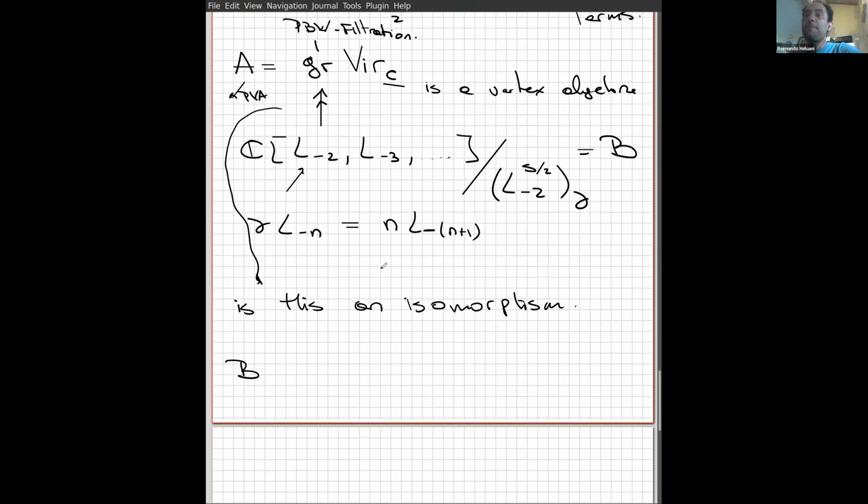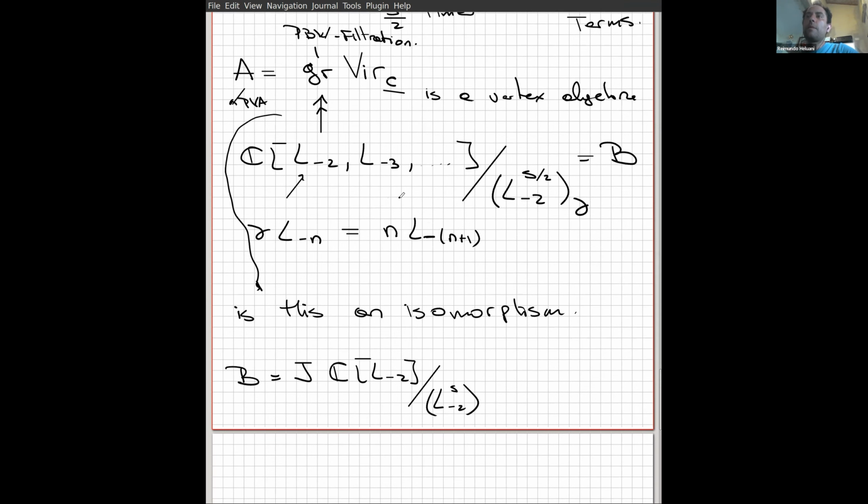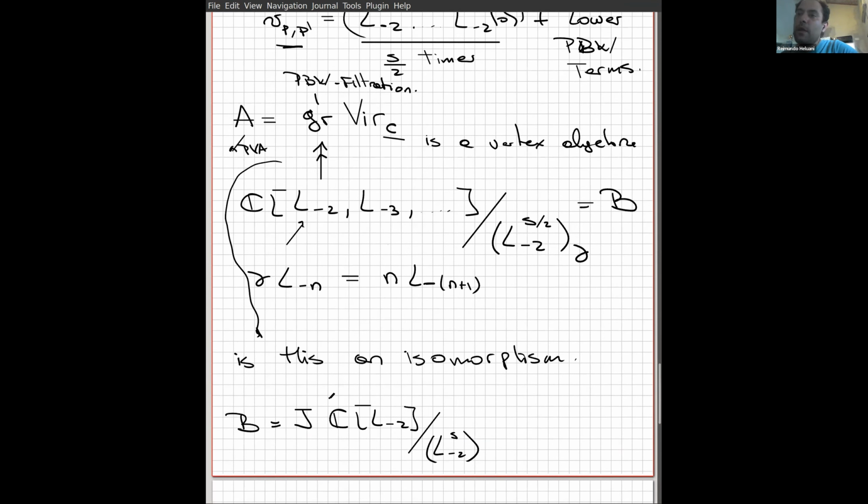this algebra B here is a jet algebra. It's an arc algebra. It's the arc algebra of a fat point, as I described. Okay. So what's the situation?